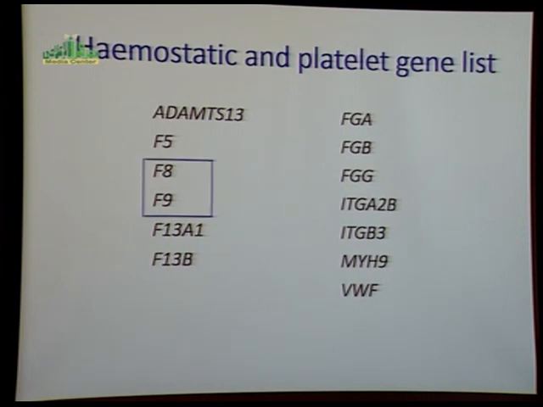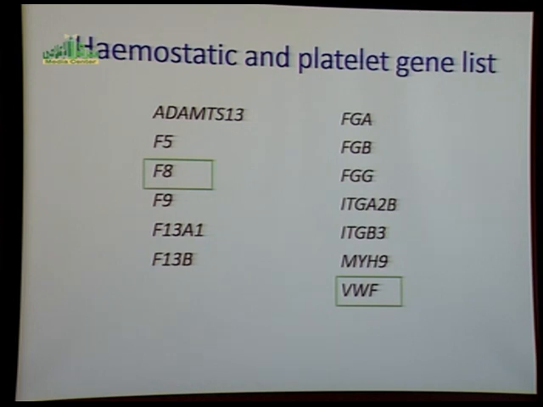In addition to being able to analyse any of these genes independently, we can also group them where we have maybe an unknown disorder. For example, for factor 8 and factor 9, if we have a family with a history of haemophilia, but we don't know the type of haemophilia because the male who's affected is long dead, then we can analyse both factor 8 and factor 9 simultaneously.